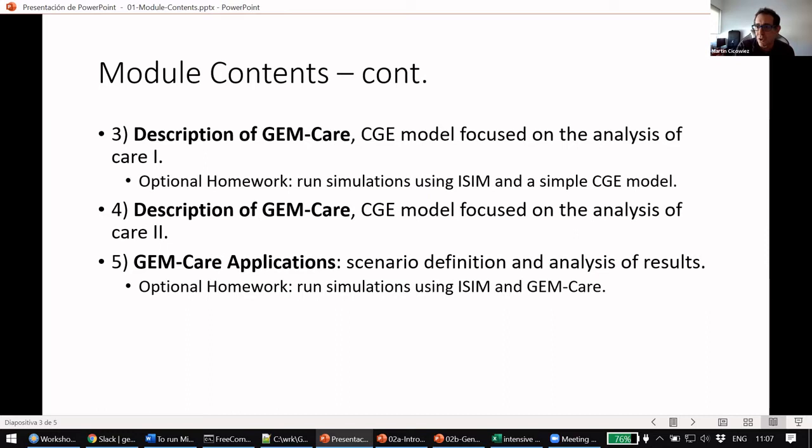I will try to sell you the idea that talking about these issues in the context of a general equilibrium approach makes sense for several reasons. That is basically the idea: why it makes sense to think about these issues in terms of a general equilibrium approach.